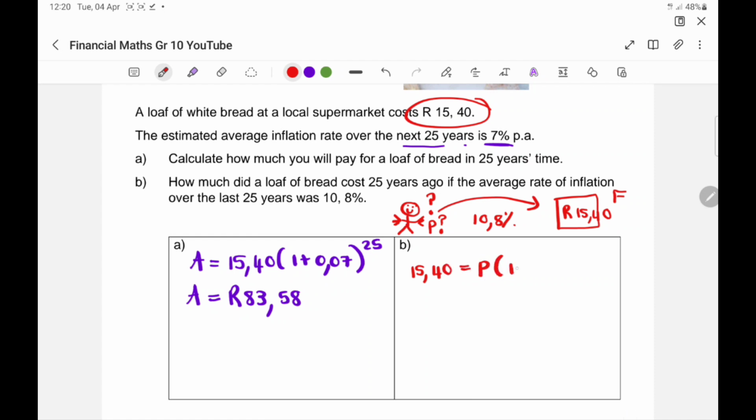P we don't know, and it's all raised to the power 25. So easy peasy, you're just going to divide this away on both sides: 1 plus 0,108, all raised to the power 25.